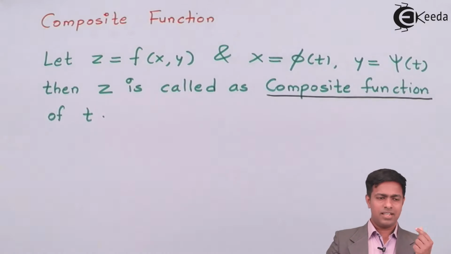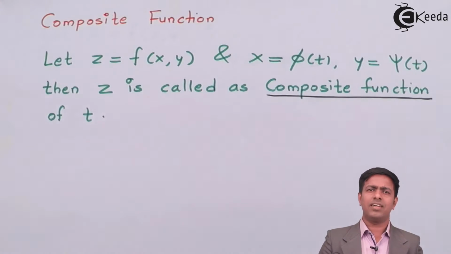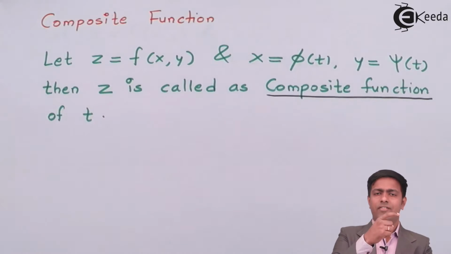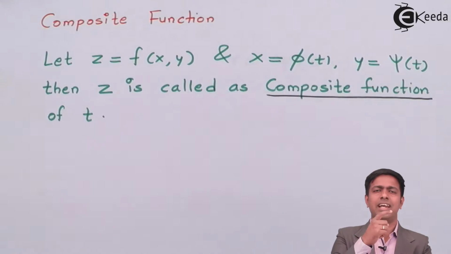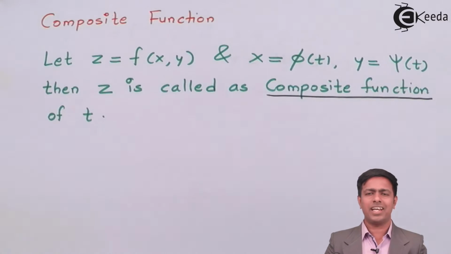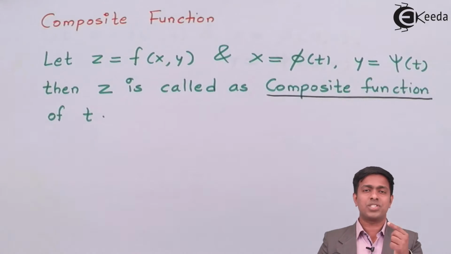Whenever one variable is related with another variable, or in technical terms, when the independent variable, that is t, and z, the dependent variable, are related with each other through some intermediate variables like x and y, then such a function is called a composite function.